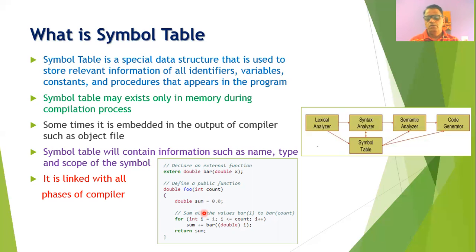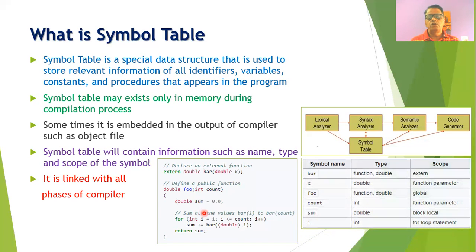So this is a short code which consists of different names or symbols such as bar, x, foo, count, sum, and i. So you can expect the symbol table to contain information such as the symbol name, its type, and its scope.